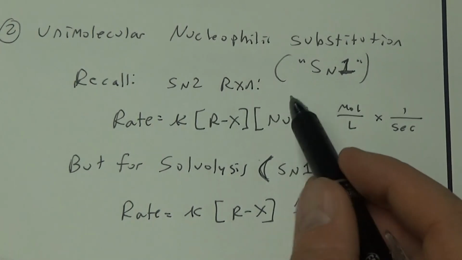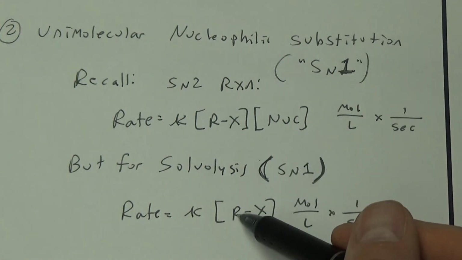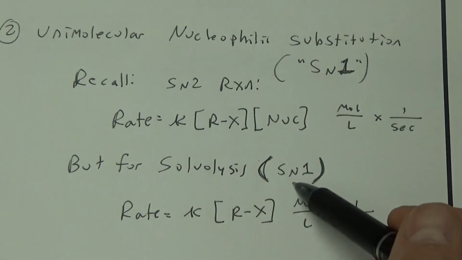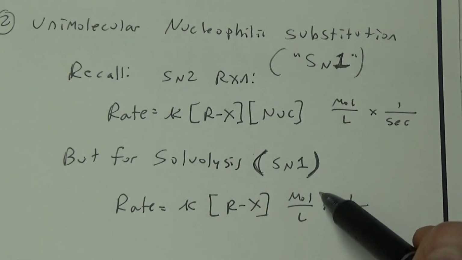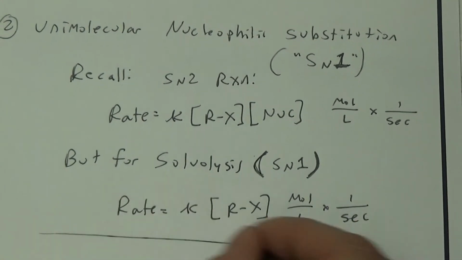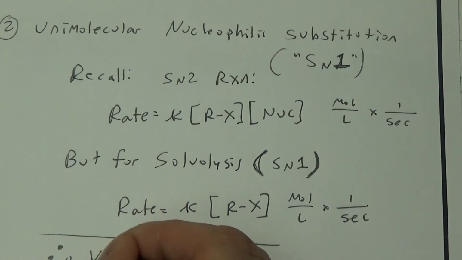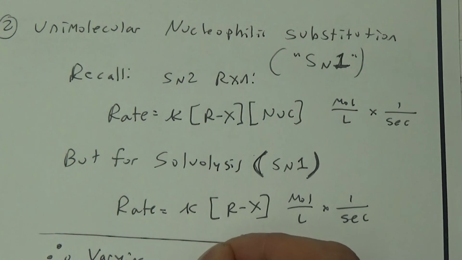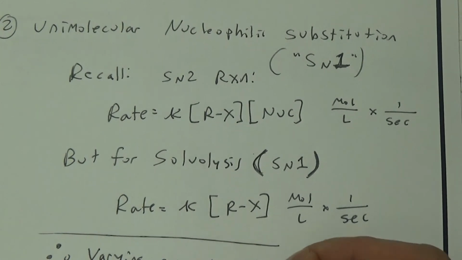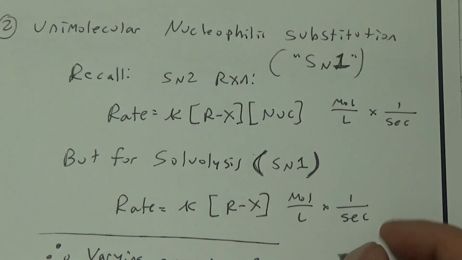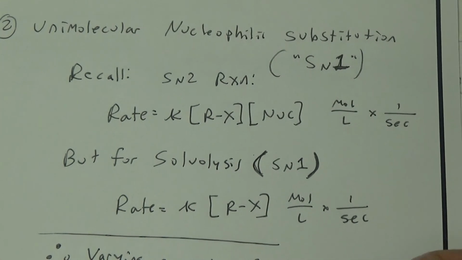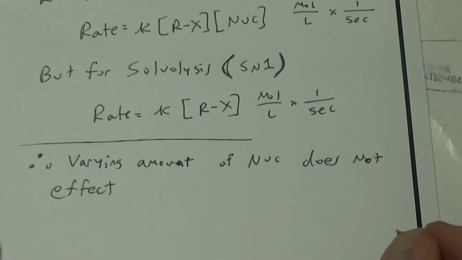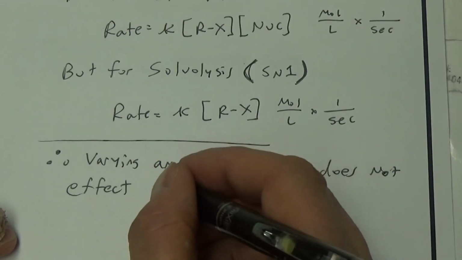The nucleophile is not involved in the rate limiting step for solvolysis, which is an example of an SN1 reaction. And so you could say varying the amount of nucleophile does not affect the rate of the reaction.